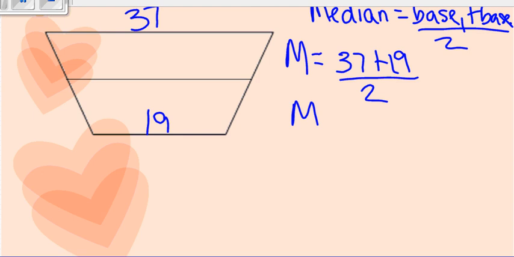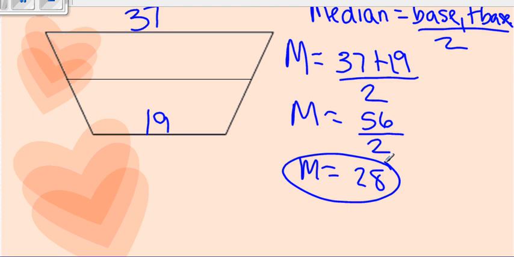So 37 plus 19 gives us 56 divided by 2. And if we divide 56 by 2, we will get 28 as our median. And we can always double check that if we need to and make sure that 28 is indeed the middle between 37 and 19.